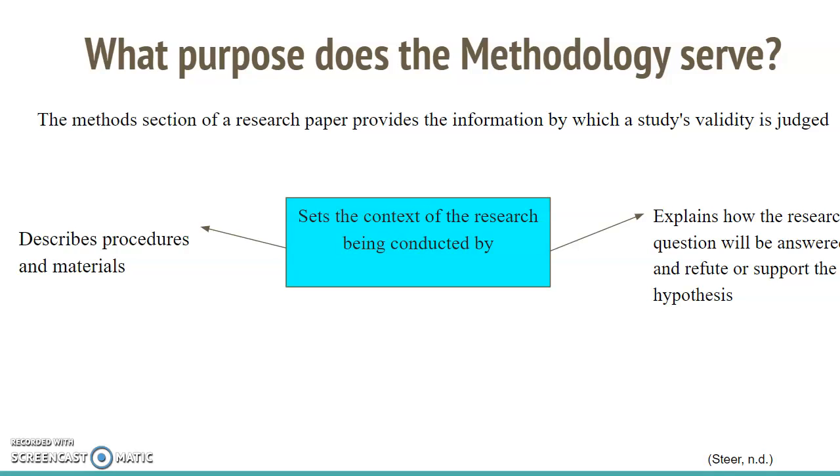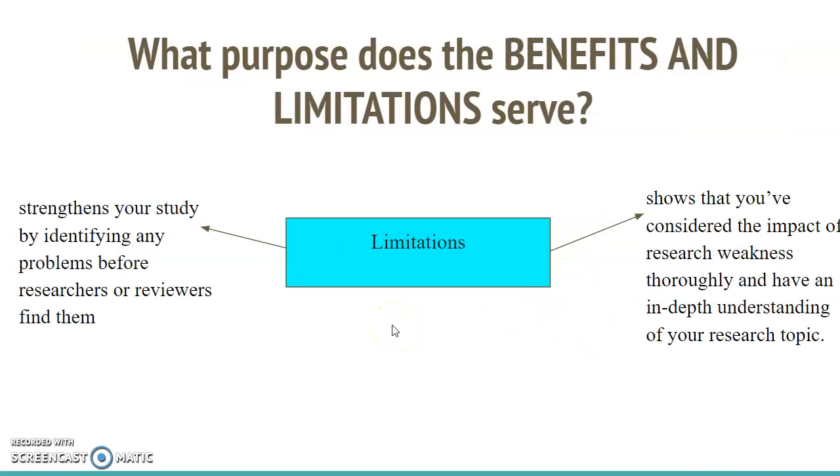This section, generally for research papers, explains how the research question will be answered and refute or support the hypothesis. In the case of Letitia Faure's paper, it mentioned, as was previously said, the use of questionnaire and highlights the sampling technique. This section for Letitia Faure was combined with the research objectives.